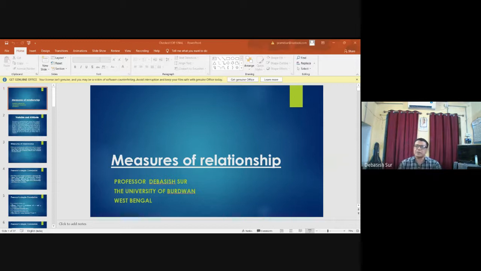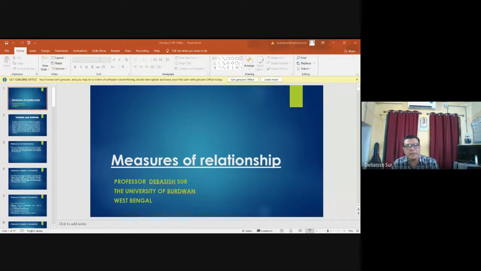The character of statistical information collected from a group of individuals or objects is of two types: one is quantitative and the other is qualitative. Quantitative character is called variable and qualitative character is called attribute.